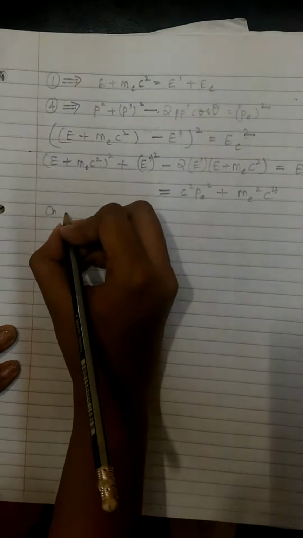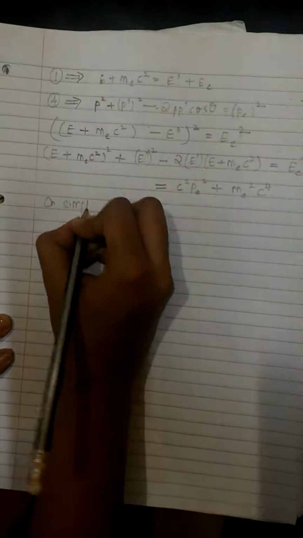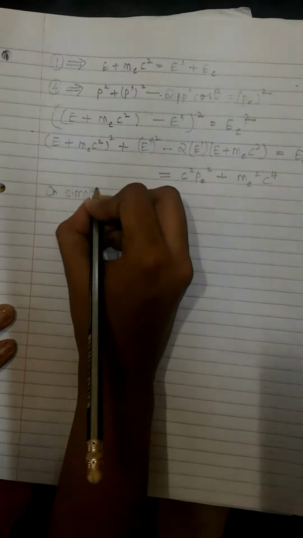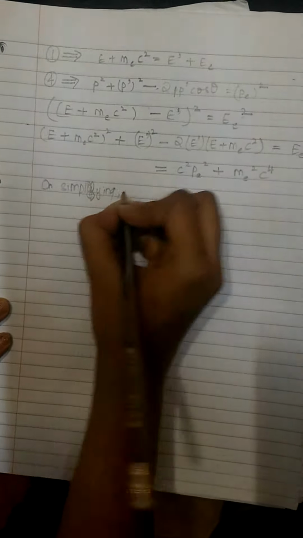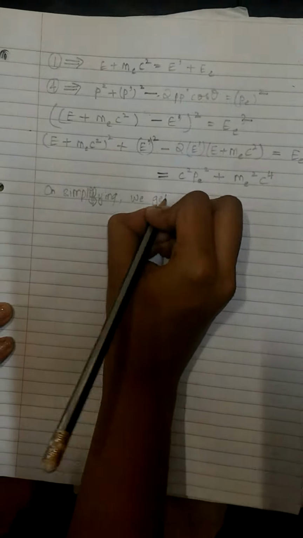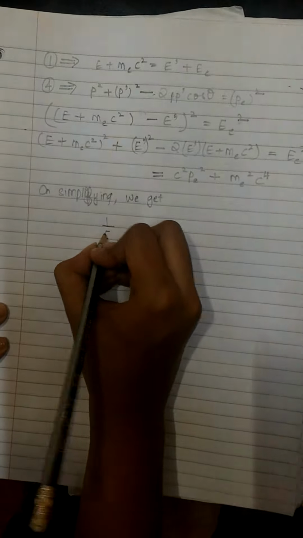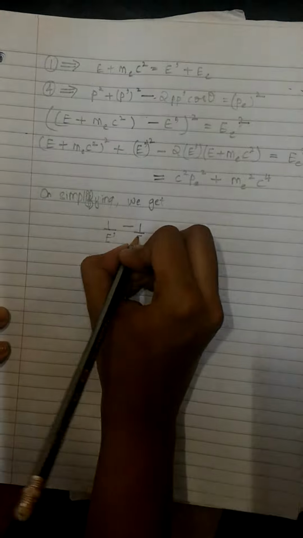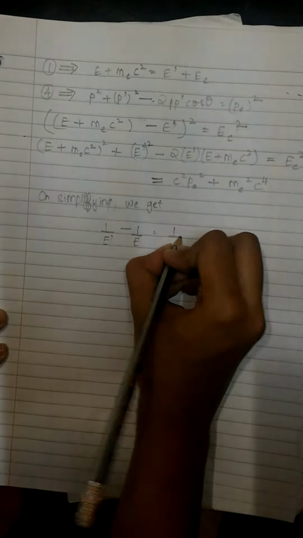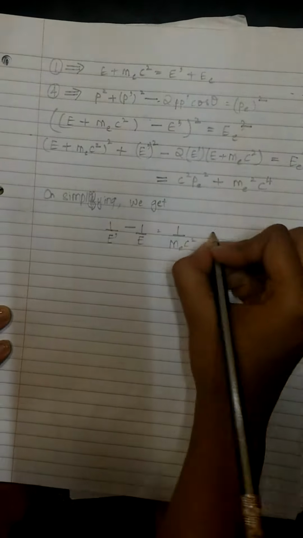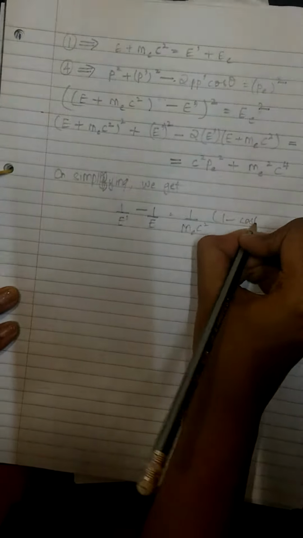So on simplifying, we get 1 by E dash minus 1 by E is equal to 1 by MEc square into (1 minus cos theta).